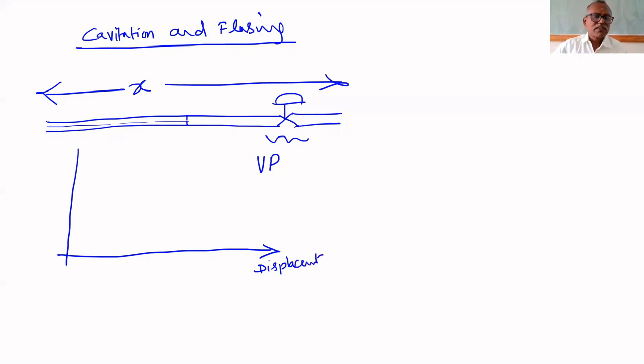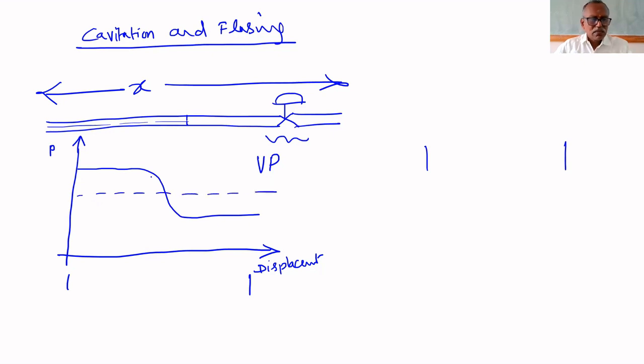The valve length, let us assume, is about this much. Here, the pressure falls below the vapor pressure. This is the vapor pressure.